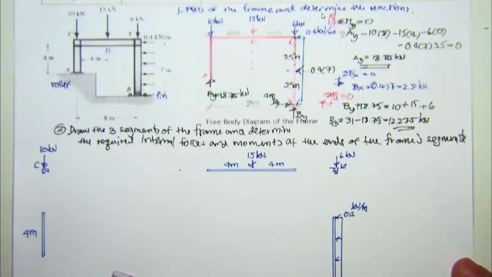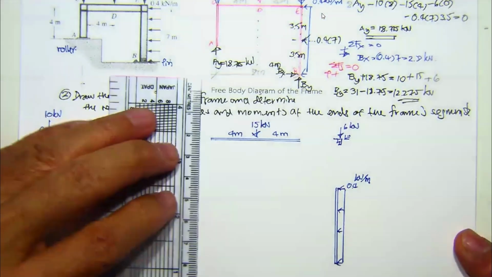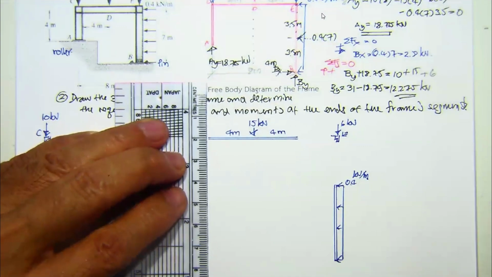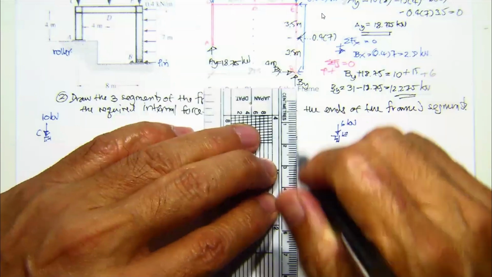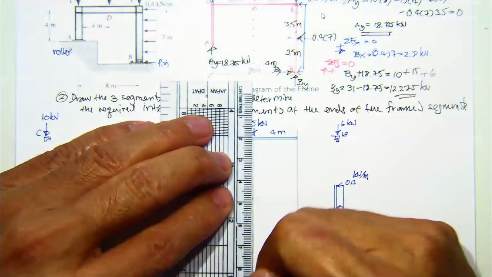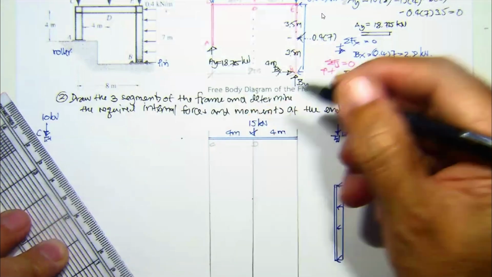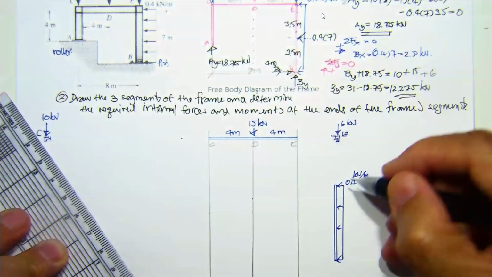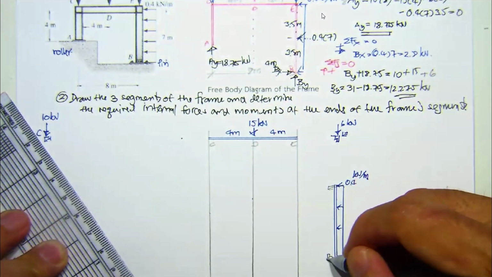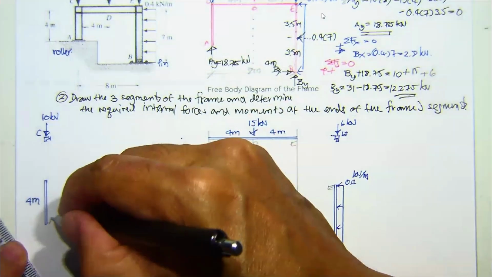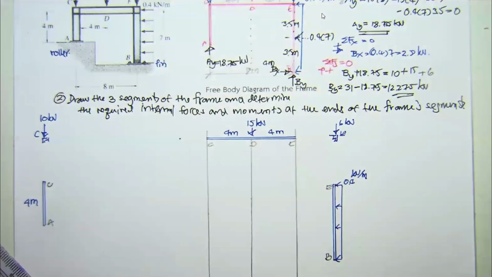Then you do the projection of everything for this one. This is C, D, and E. This is E. This is B. For this one is A. And this one gonna be C.